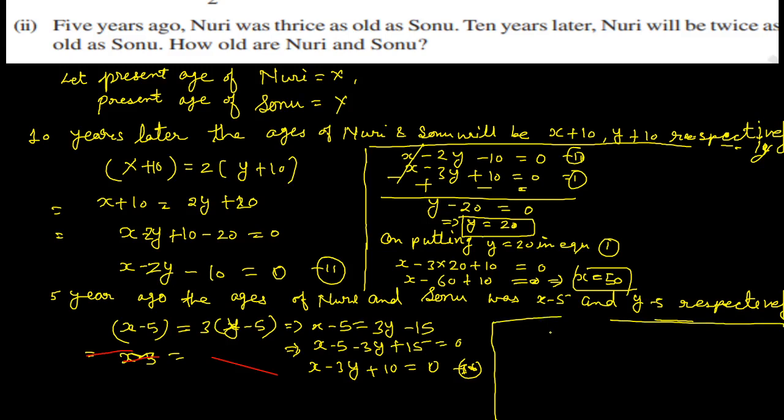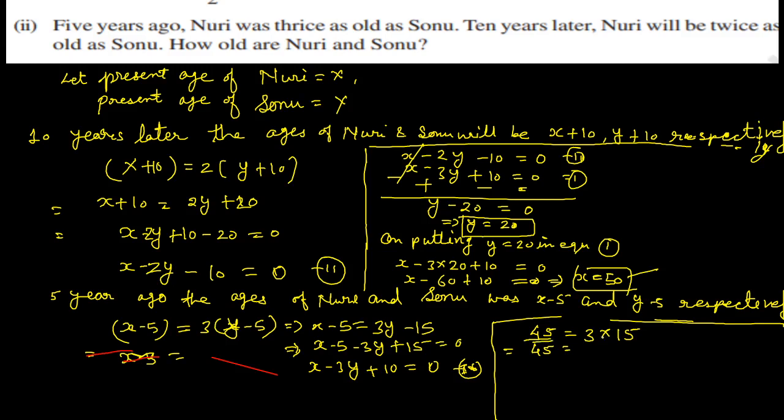5 years ago, Noori's age will be 45 years, and this will be 3 times of 5 years ago Sonu's age, which will be 15 years. So you can check their ages.